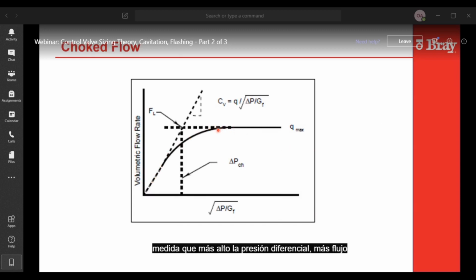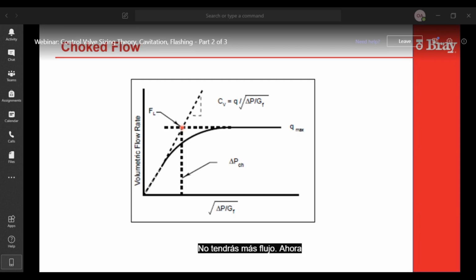The higher the differential pressure, the more flow you can get through the valve. But you'll reach a point where you can't, because you'll hit a point where you're forming and violating the vapor pressure of the fluid. You'll have so much gas volume in the valve trim that you won't be able to pass any more flow, even if you increase the differential pressure by lowering the downstream pressure.